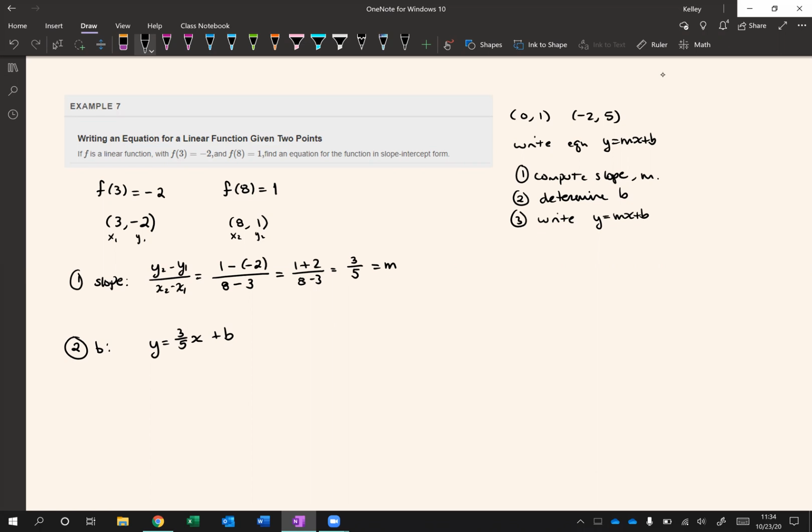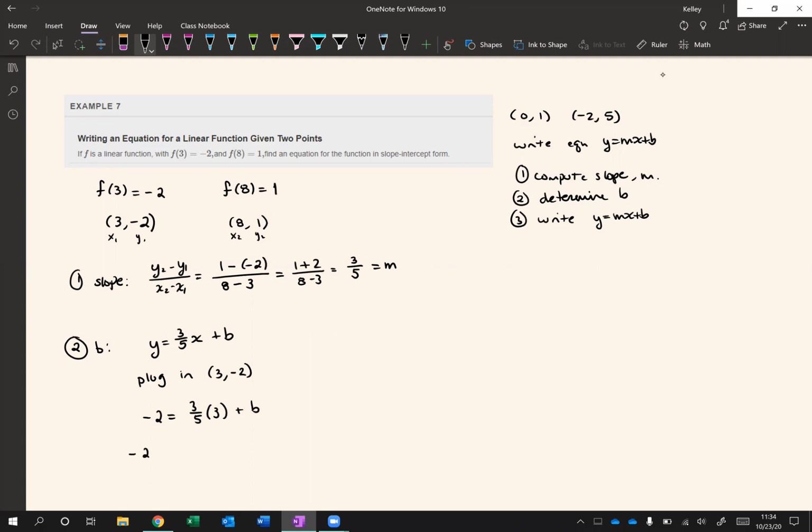So let's use the point (3, -2). You could have used (8, 1) as well, but dealer's choice. So that gives me -2 equals 3 over 5 times x, which is 3, plus b.